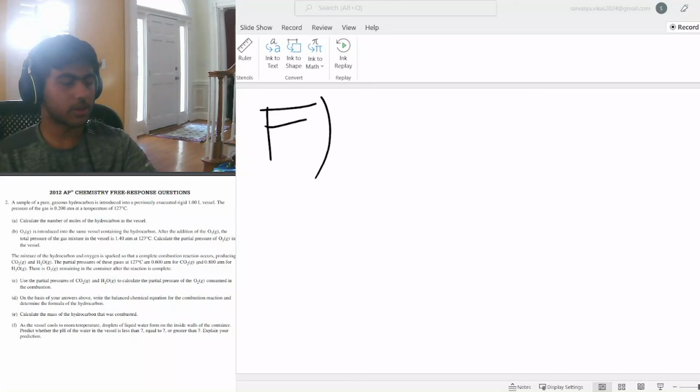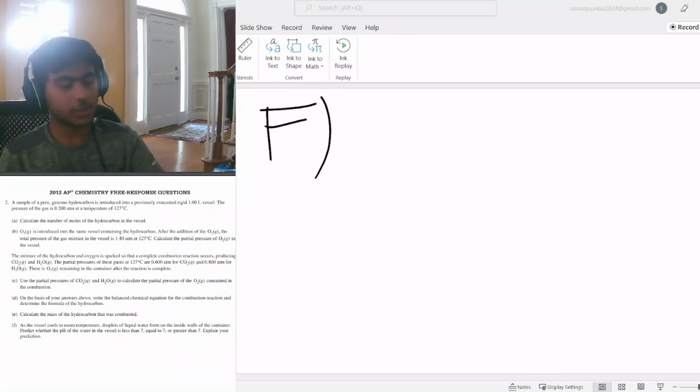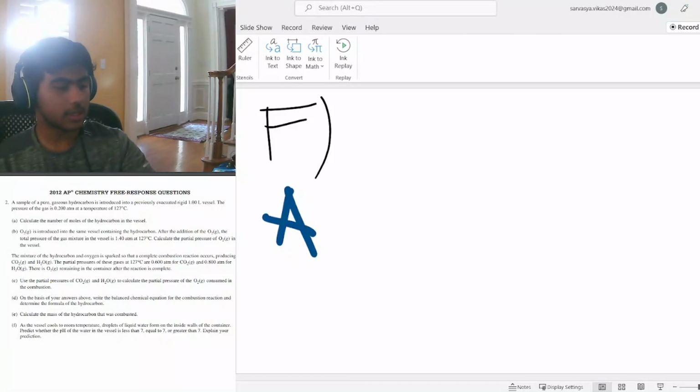Well, how are we going to go about doing that? Let's see. So what do we have in the vessel? Well, we have hydrocarbon, which is not going to be acidic or basic. And then we just have oxygen gas, again, not acidic or basic. And we have carbon dioxide, which is acidic. So we know that since we have carbon dioxide, it's going to be acidic.